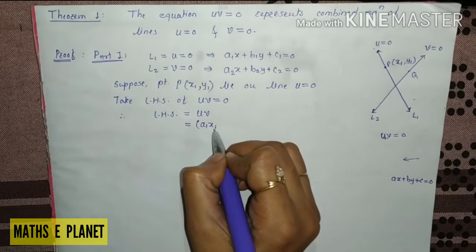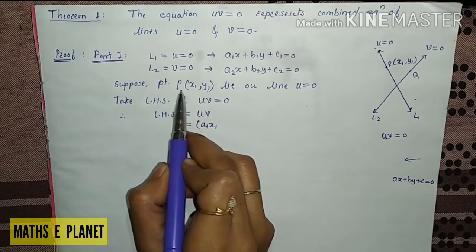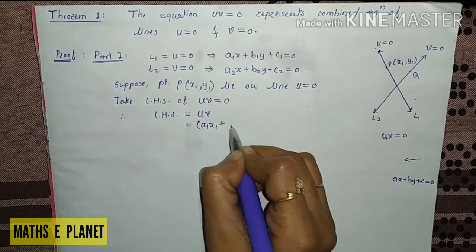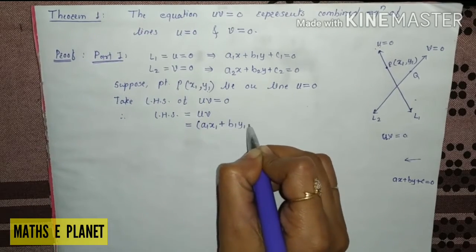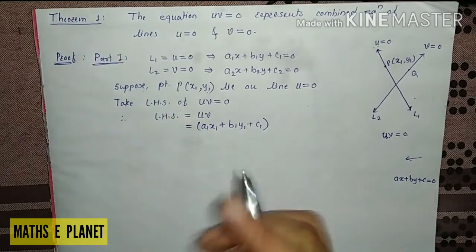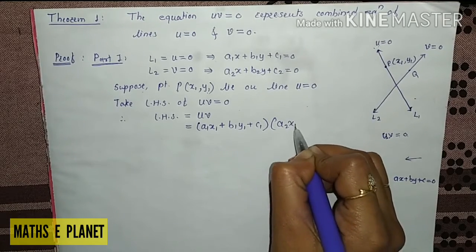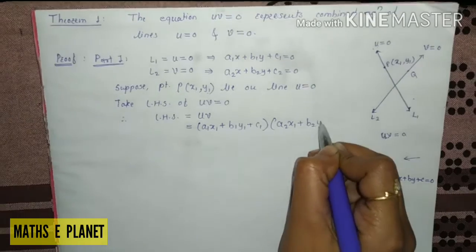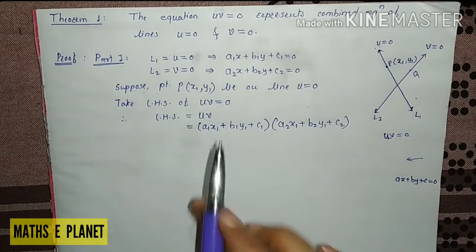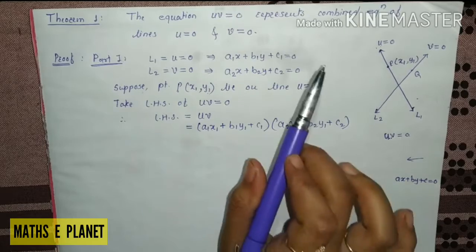Instead of x we are writing x1, because we are writing for the point P x1, y1. Now what will be v? a2 x1 plus b2 y1 plus c2. We have just taken x1 instead of x and y1 instead of y.